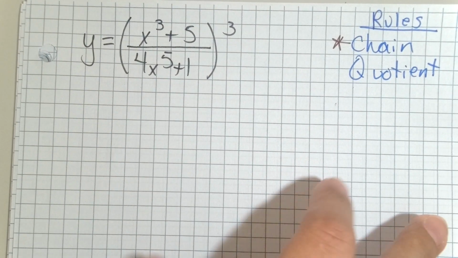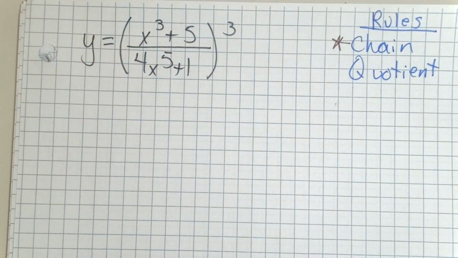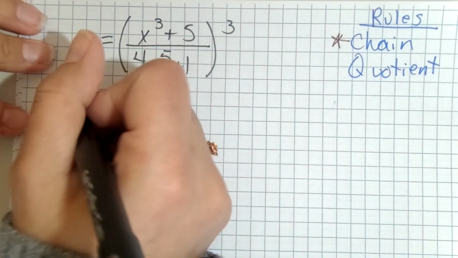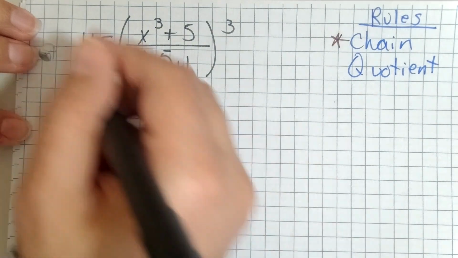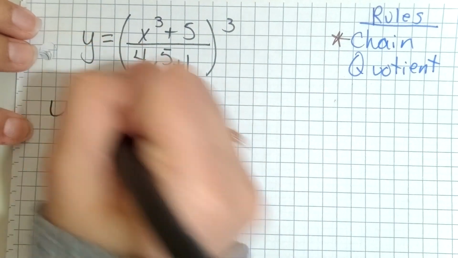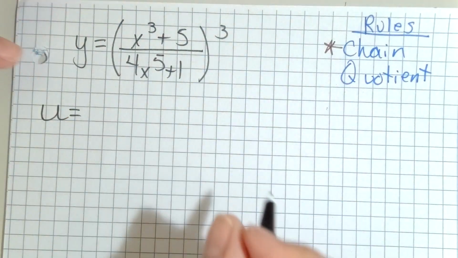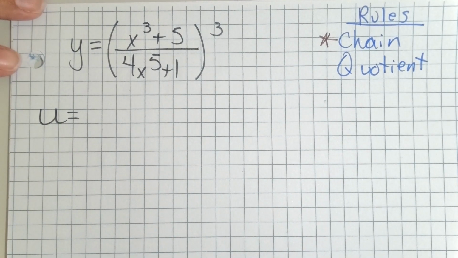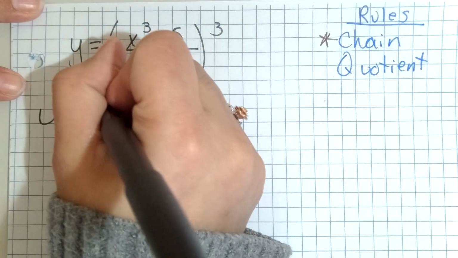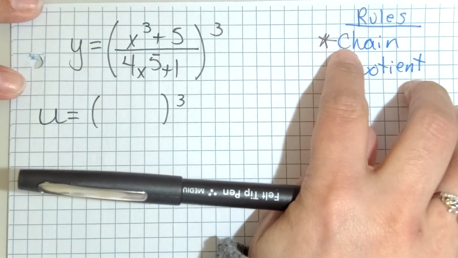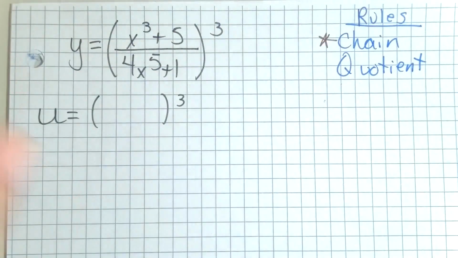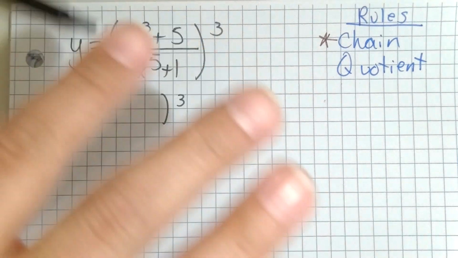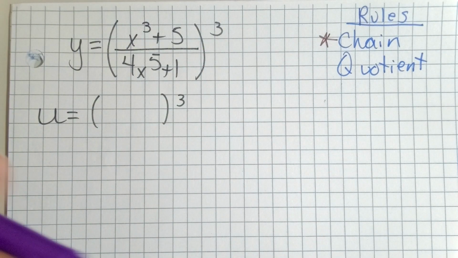Okay? All right. So in this problem, we're going to label u and v. What is u in this problem? It's x cubed plus 5. No. Parentheses cubed because my main rule is chain. So remember, u is on the outside. That makes sense? Okay.